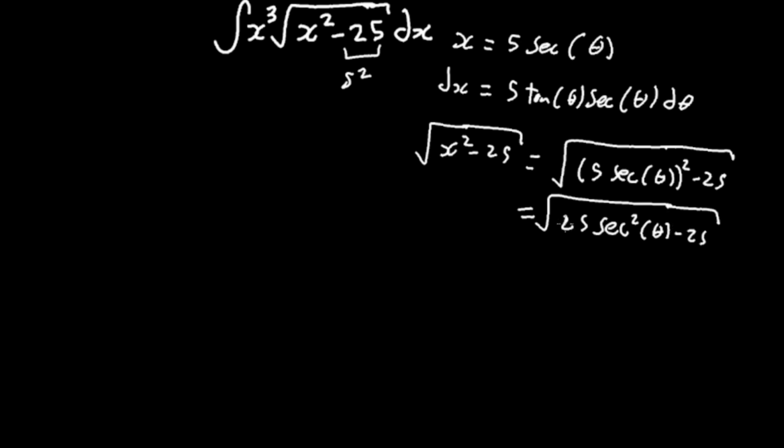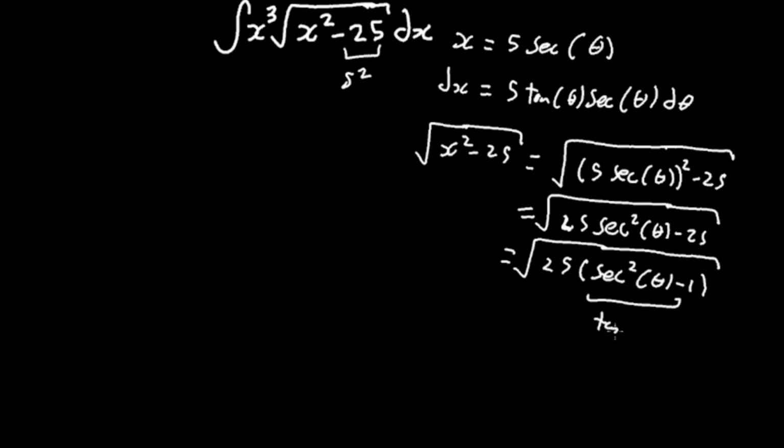I can factor out 25 from everything, so this is square root of 25 times secant squared theta minus 1. Well, from our Pythagorean identity, this is actually tangent squared theta. So this all becomes square root of 25 is 5, tangent theta, because the squared and the square root cancel. So that is what that part is.